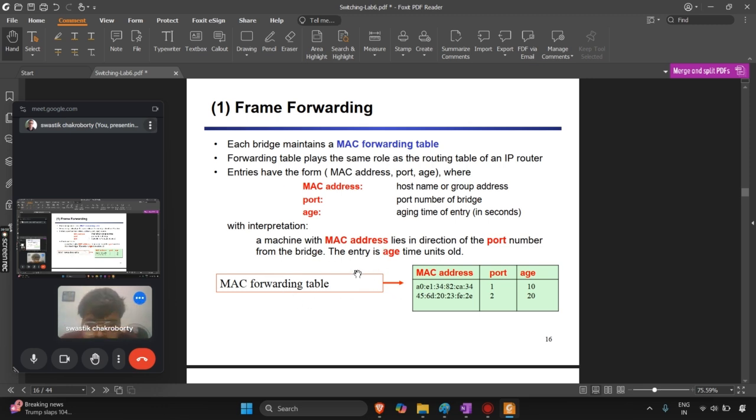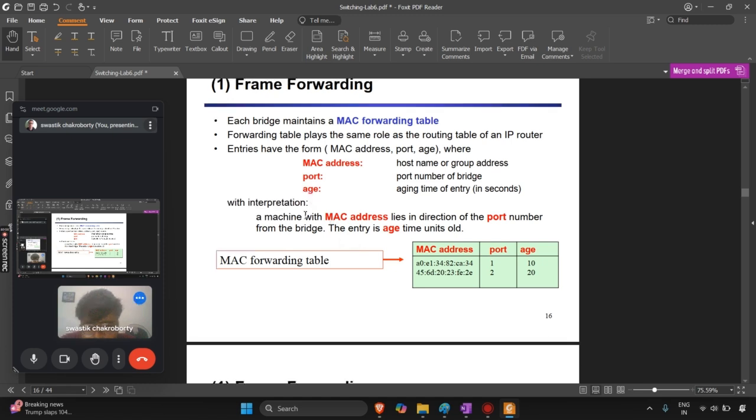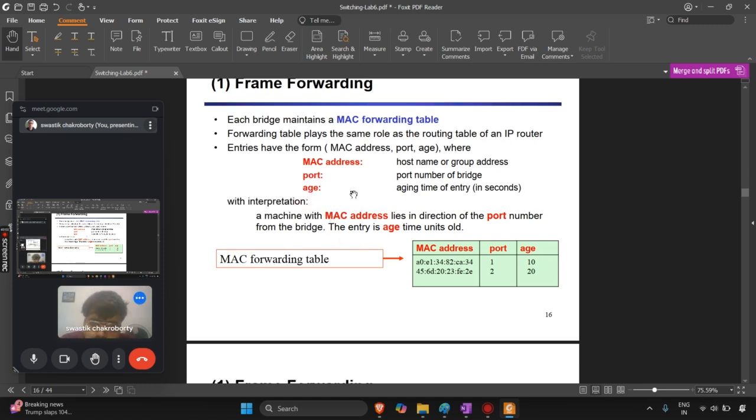It also has an age, which says how old the entry is. Because this is a dynamic allocation, the age keeps track of how old the data is, so that you do not have very outdated data.